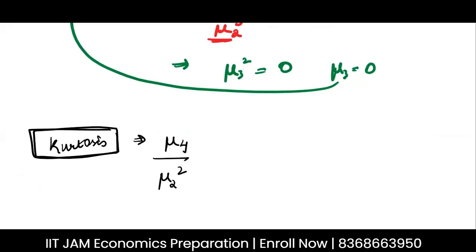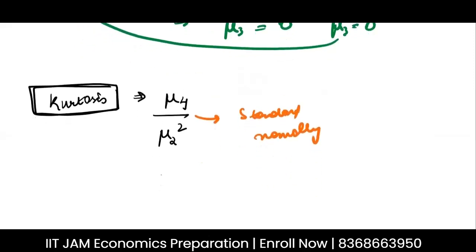And for any distribution which is standard normally distributed, we have the kurtosis value as 3. So the value of kurtosis for a standard normal distribution is 3.